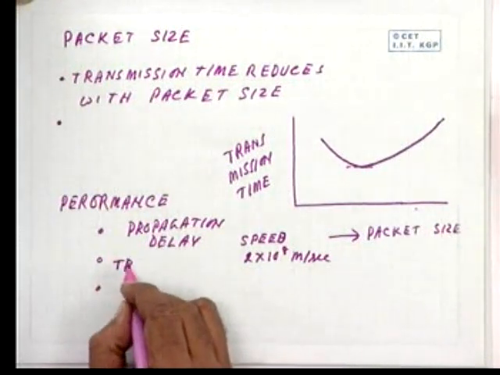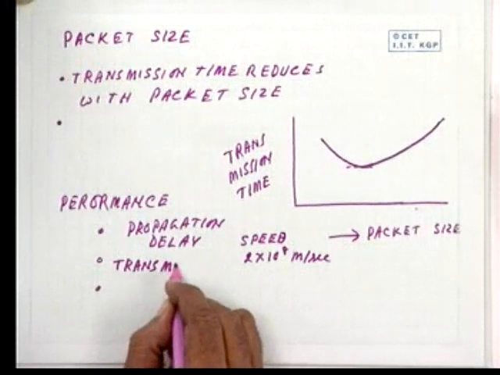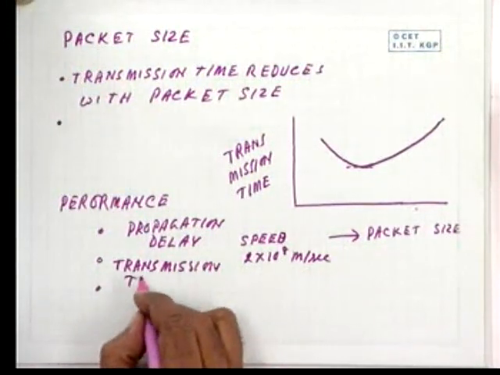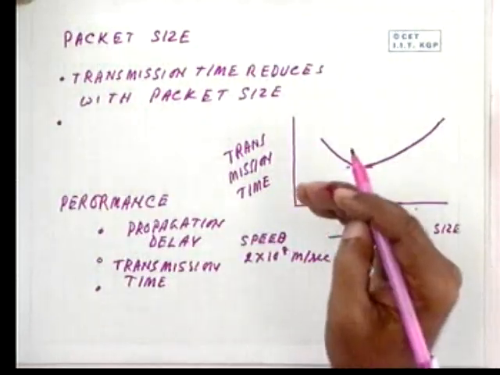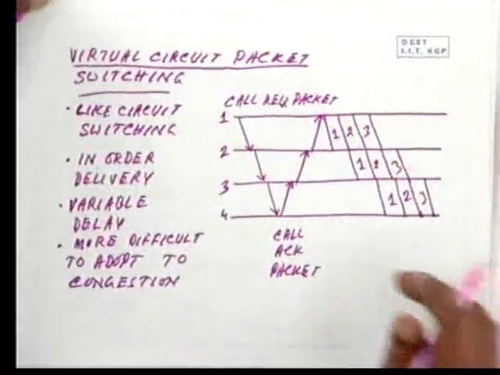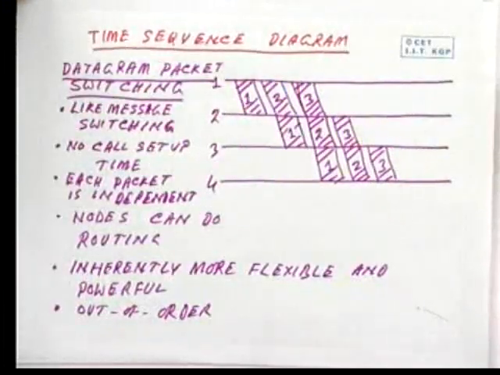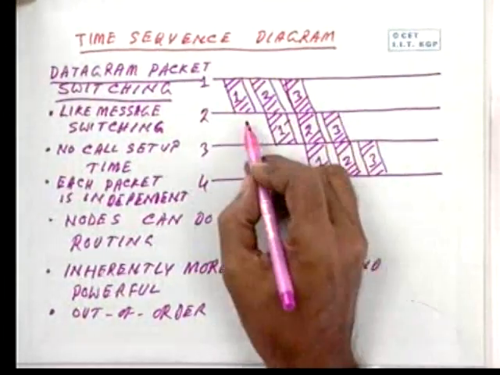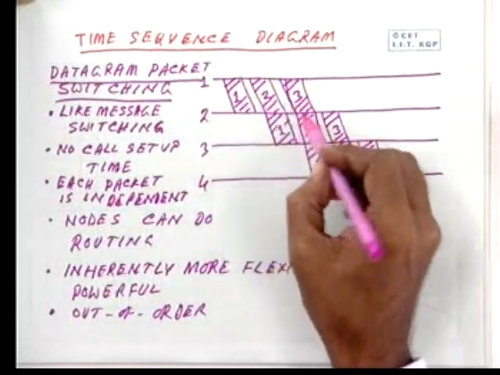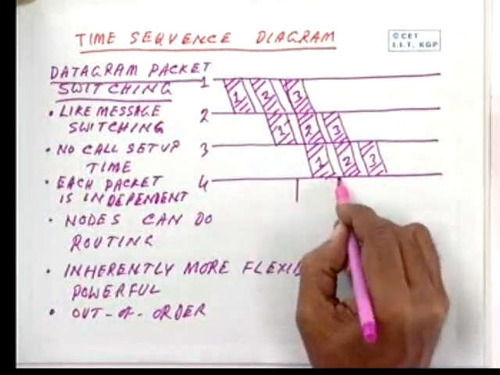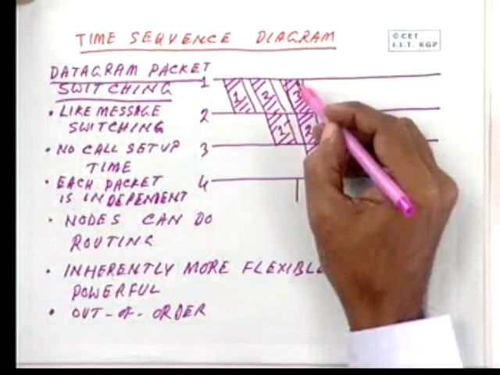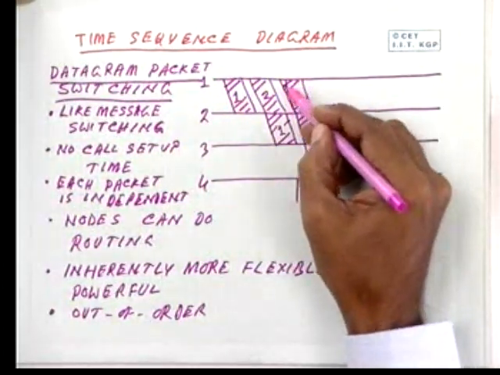On the other hand, the transmission time will be decided by the rate at which you are transmitting and whether you are able to transfer in parallel. Here, in both virtual circuit and datagram packet switching, if we look at this particular time frame, we will find that, say, from node 1 to 2, packet 3 is being transmitted.